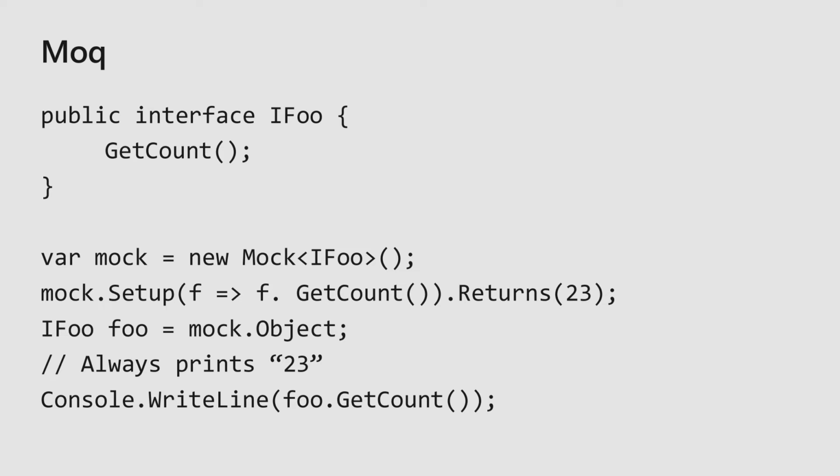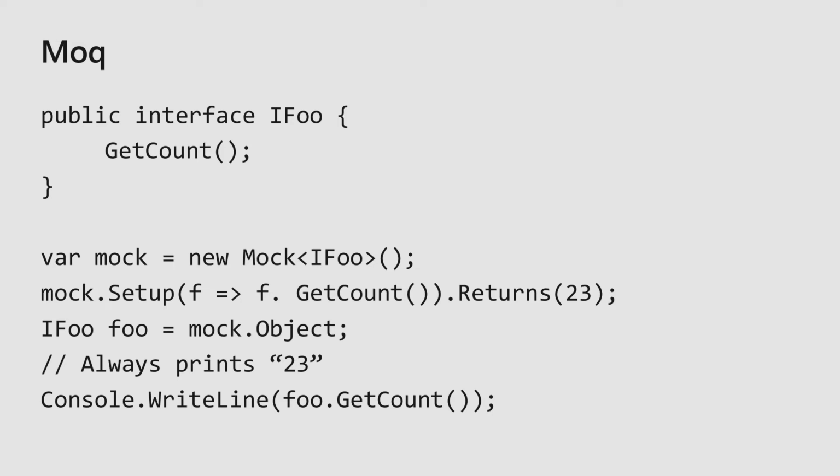Okay, great. So you can see from this quick code sample, we have a simple interface. We create a mock for that interface. We tell the mock object that when the GetCount method is called, it should return the number 23. And then we return the actual IFoo object by calling mock.Object. Now with this particular Foo object, you can pass it to any method that requires the IFoo interface as an argument.